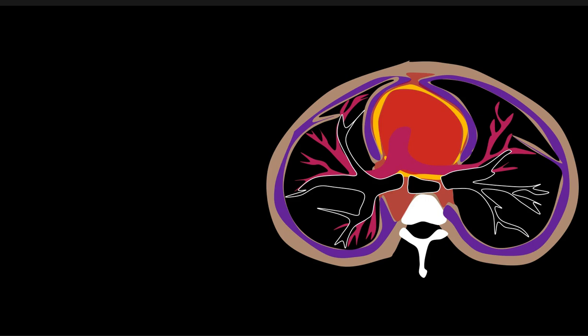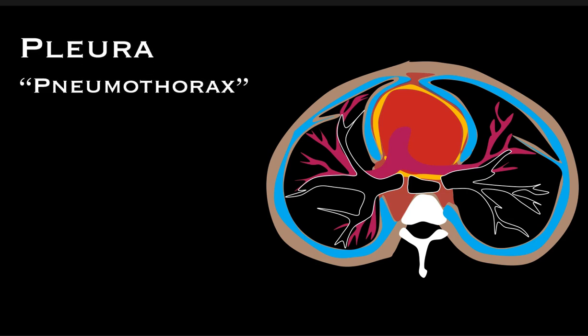Alright, and then we also talked about where air can go pathologically. So highlighting here in the blue, air can enter the pleural space, that potential space or space we don't usually see on the radiograph. It does have a little bit of fluid in there, but we can't see that usually. But if we've got some air in there, that's one spot that it can go. That's called a pneumothorax, of course.